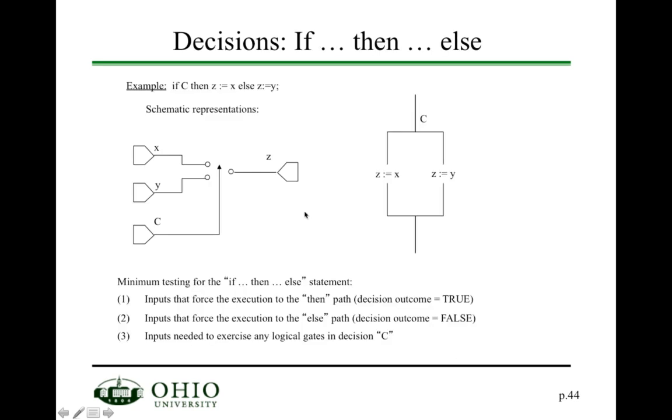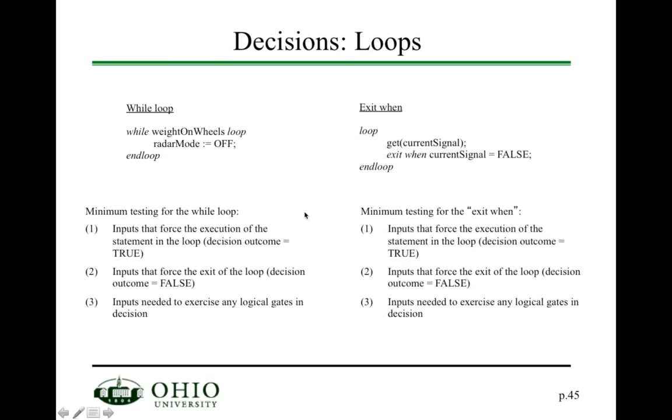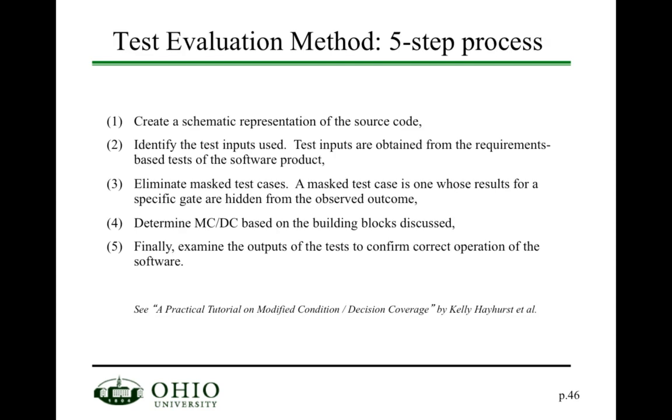If then else, what you want to do, the minimum set of cases are inputs that force the execution path to then and to else, and of course everything that you need for the decision logic. While loops, really same as we saw with the if-then statement.